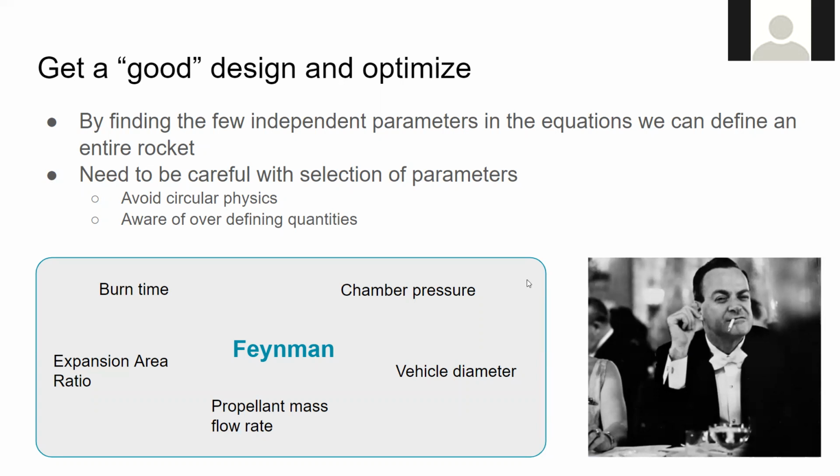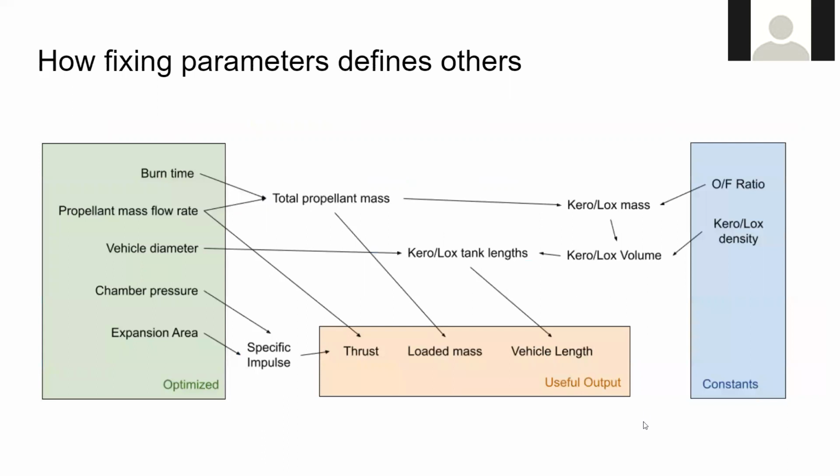To give you an idea of how these 5 parameters define a quote-unquote useful output: if you have something like burn time and propellant mass flow rate, that defines your total propellant mass by just multiplying them together, which then contributes to the loaded mass of the vehicle.